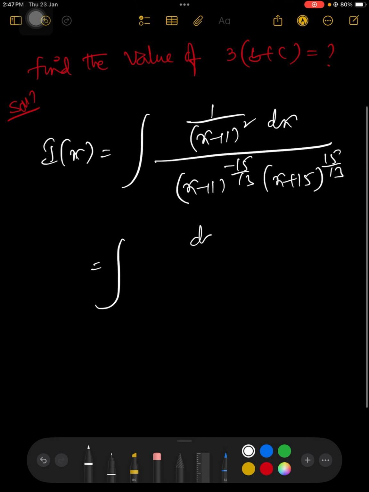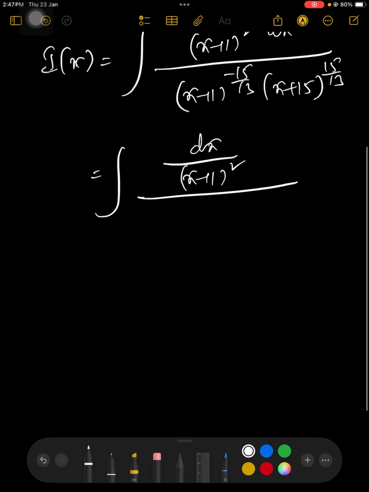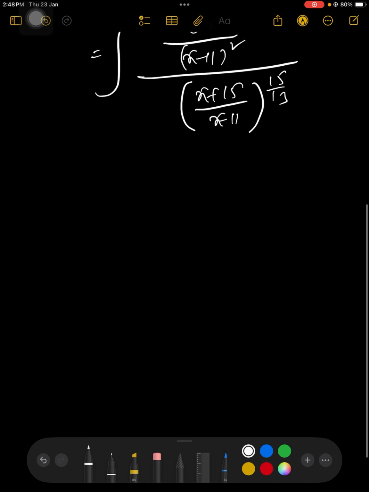So the integration of this is dx by (x minus 11) whole square, divided by (x plus 15) by (x minus 11) to the power 15 by 13. So you can say that (x plus 15) by (x minus 11) equals t.